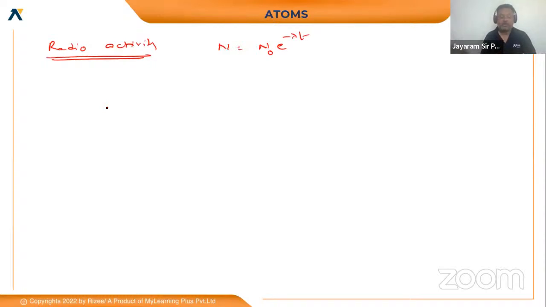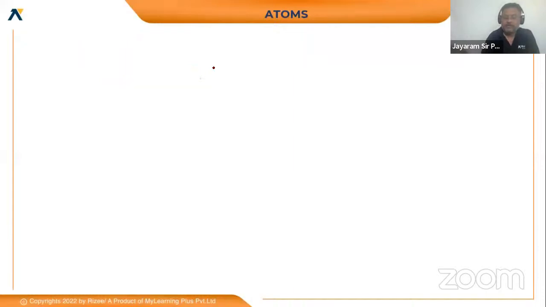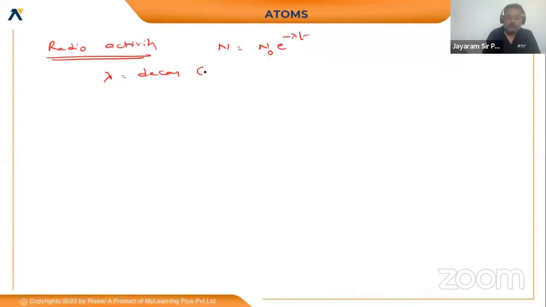Now you go to the next one, where lambda is called the decay constant, that is dN by dt is equal to lambda into N. Generally this will happen, and solving this relationship you will be getting N is equal to N naught into e to the power of minus lambda t. Right? So if we solve this, we get this.